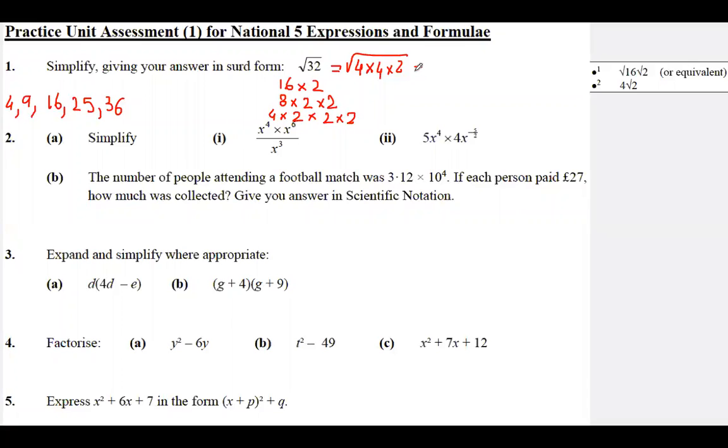So the final answer here would be 4 root 2, because we know that root 4 squared times root 2 is just 4 root 2. So that's how you would get your 2 marks, 4 root 2, or only 1 mark if you leave it like this.